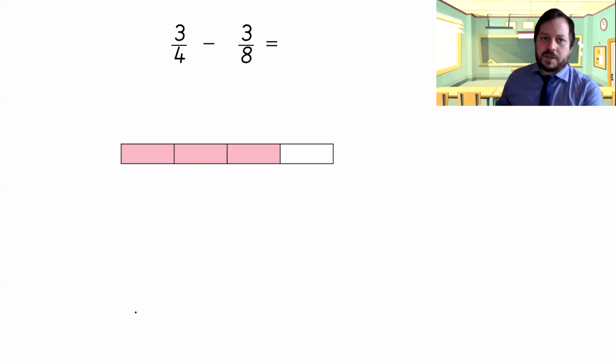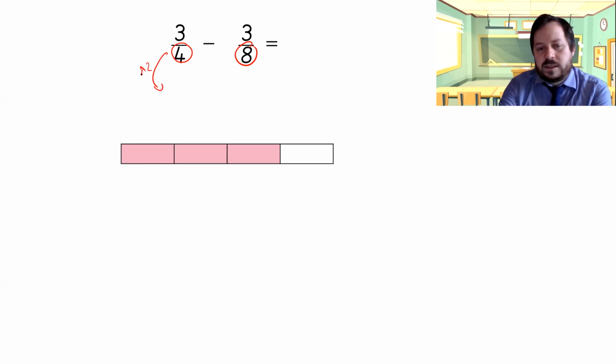Here's our first question. So 3/4 minus 3/8. As before, the first thing we have to do is to get the same denominator. So 4 and 8. So what we can do is times this one by 2 to get the same denominators overall. So that's 6/8.